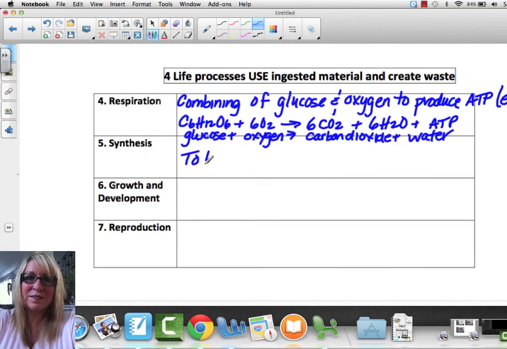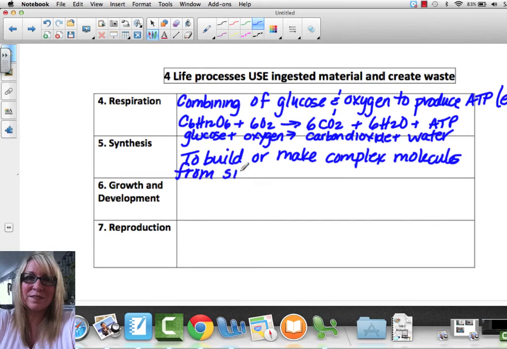Synthesis means to build or to make complex molecules from simpler ones. An example of this is photosynthesis.